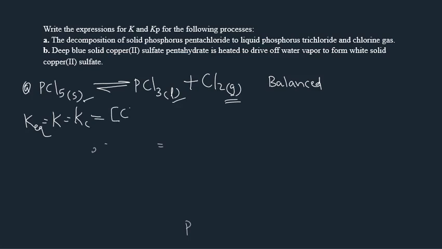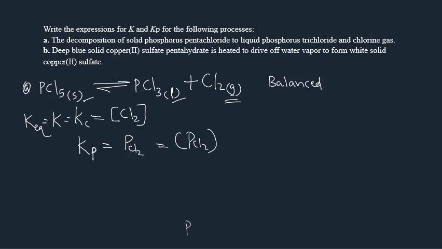So we will write chlorine in brackets, and we don't have any coefficient, so we will just leave it like that. How can we write Kp? Kp equals, we will just write P of Cl2, to show that the product, again solid and liquid, will not show in the K expression, and that can also be written as P(Cl2) in parentheses.